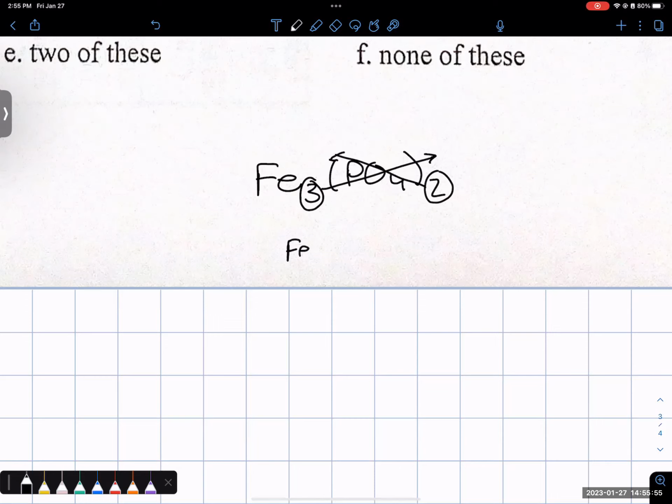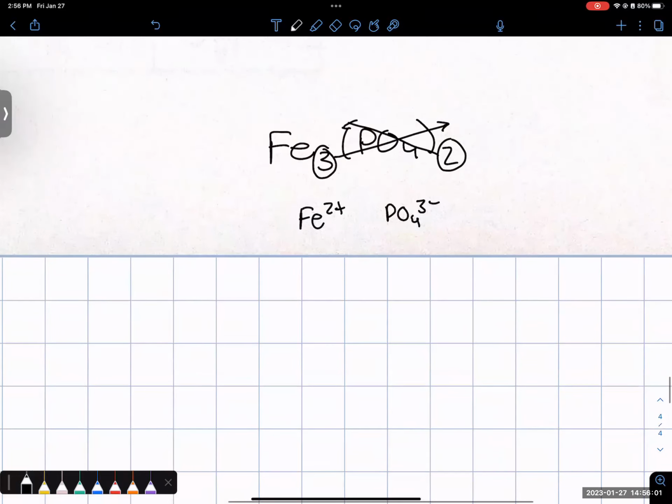So we get Fe2 plus and PO4 3 minus. What charge is iron? So 2. So it's going to be iron 2. And then what is that polyatomic ion? Yeah, phosphate, right?